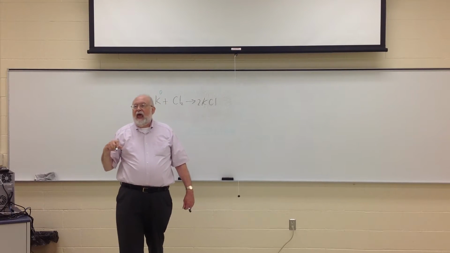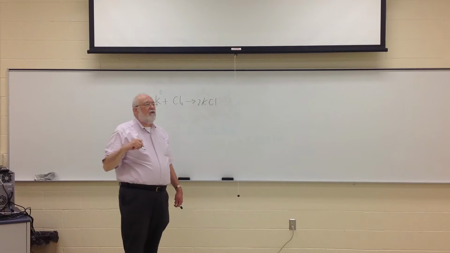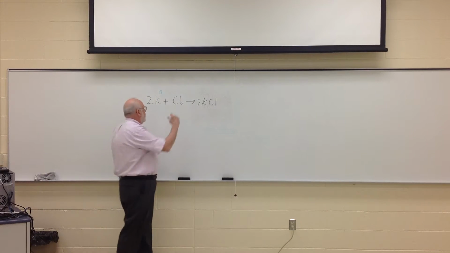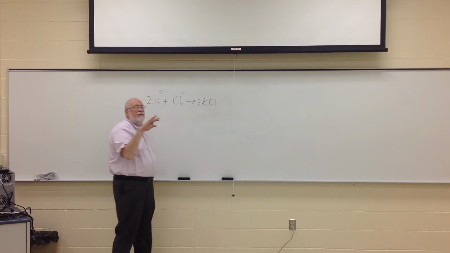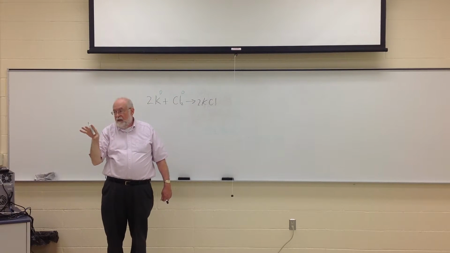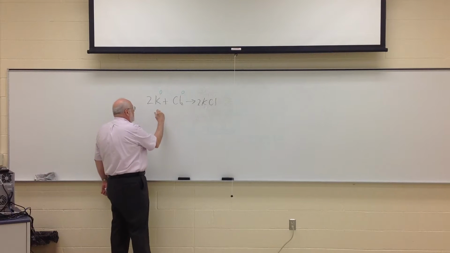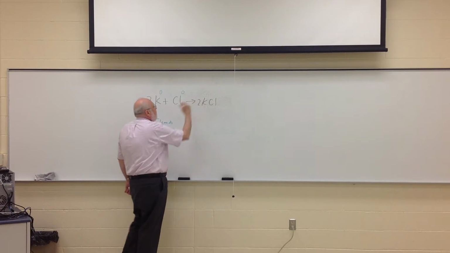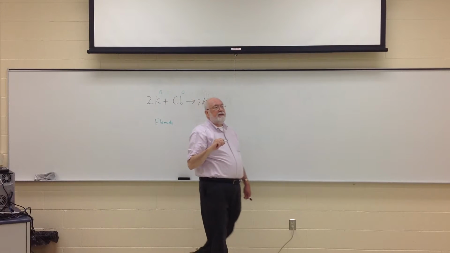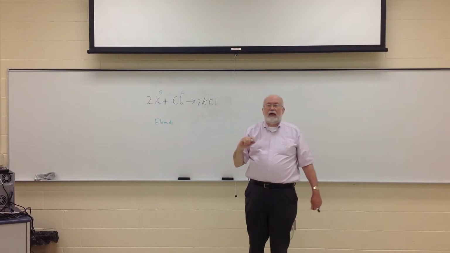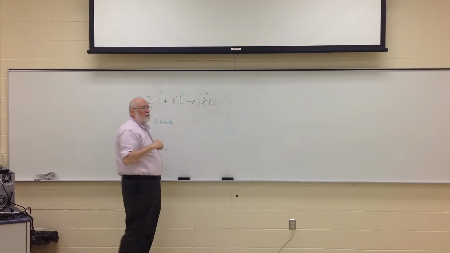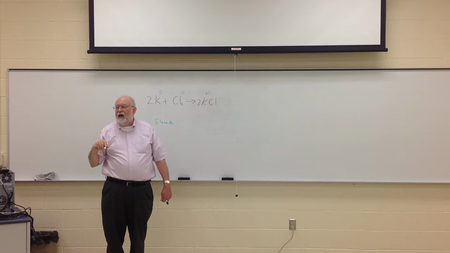Now, what's the charge on the chlorine over here on the left? 0. Correct. It's uncombined with anything else. These are both elements over here. Now, over here, we have the potassium ion. What's the charge on it? +1, isn't it? What's the charge on the chloride ion?